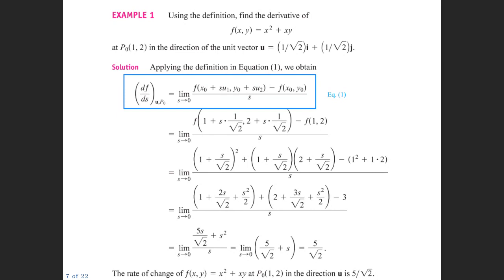The question says, find the derivative of x squared plus xy at the point 1, 2 in the direction of the unit vector 1 over root 2 i plus 1 over root 2 j. So to answer this question, we're going to plug this function, this point, and this unit vector into the formula, into the definition, and we're going to see what we get.